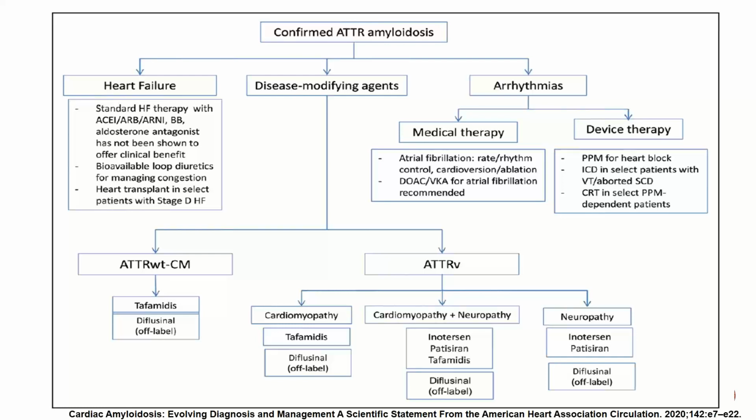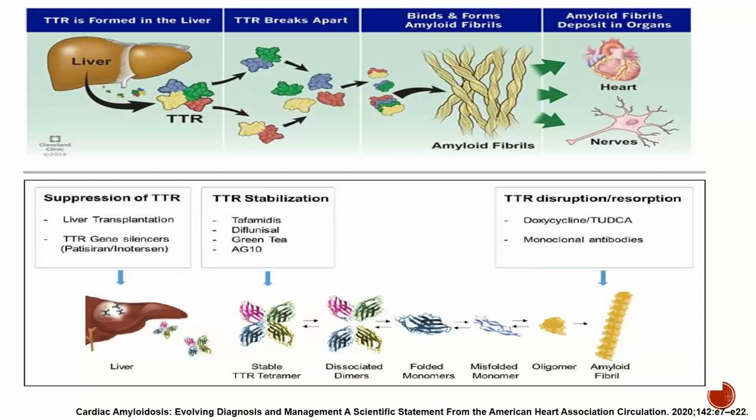Disease modifying agents. Now, we are lucky to have some new treatments for amyloidosis. So I'll just speak first. In the pathophysiology, transthyretin is formed in the liver, and it's a carrier for the hormone thyroxine and for vitamin A. The TTR breaks apart, then it binds and forms amyloid fibrils and deposits into the organs.